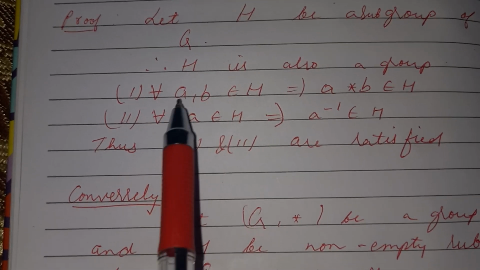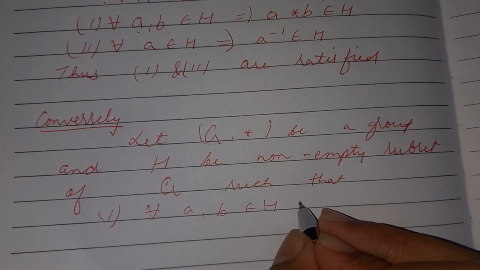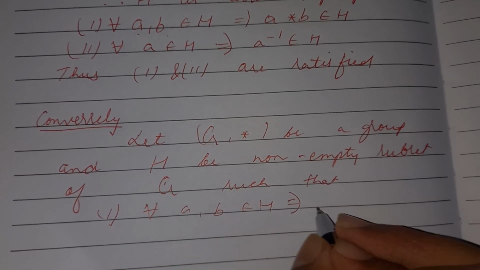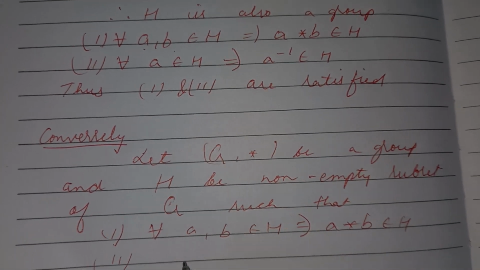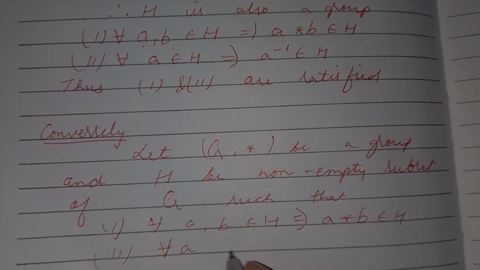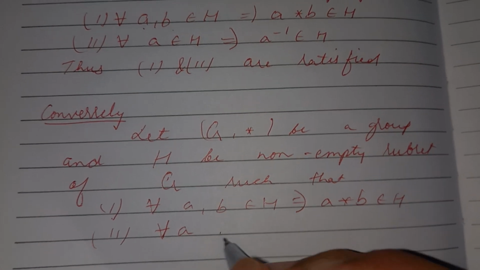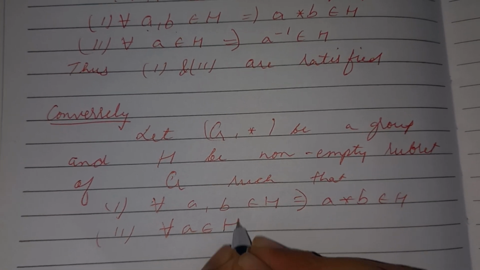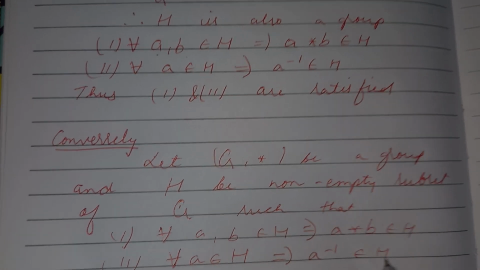First, for all a, b belongs to H, implies a * b must belong to H. Secondly, in case of solving it conversely, we are given that a belongs to H implies a inverse belongs to H.